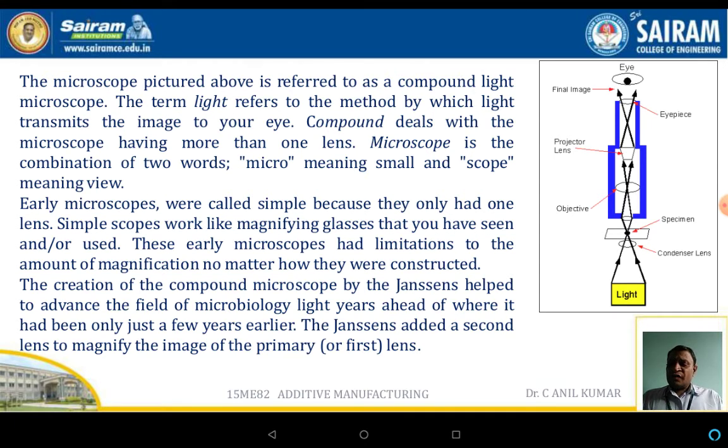The creation of the compound microscope by the Janssens helped advance the field of microbiology light years ahead of where it had been only a few years earlier. The Janssens added a second lens to magnify the image of the primary lens. The schematic diagram shows the compound microscope.